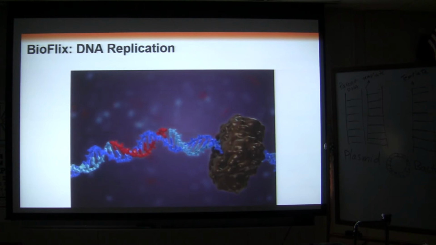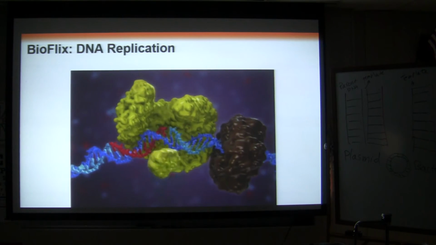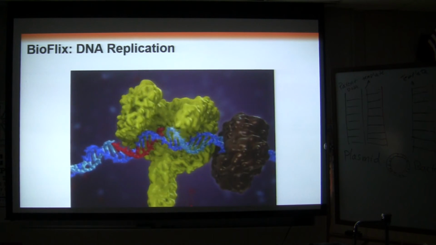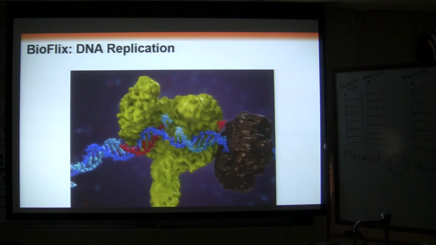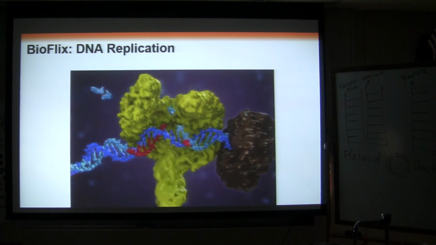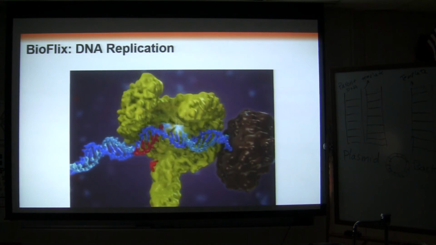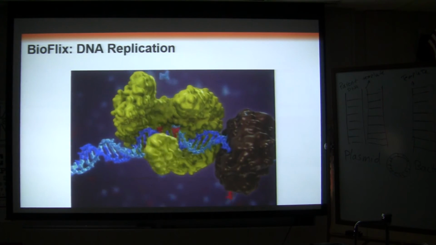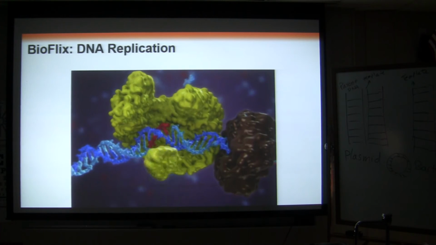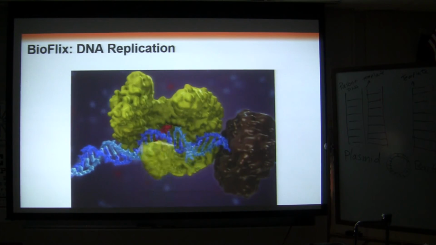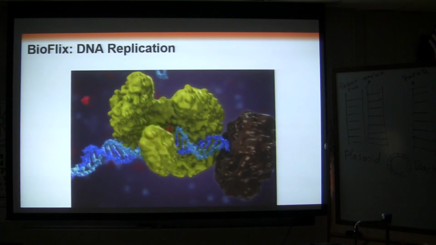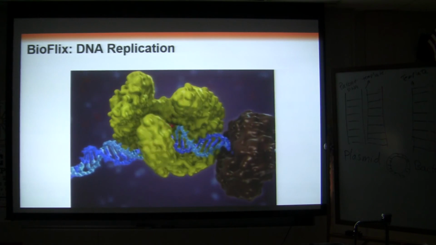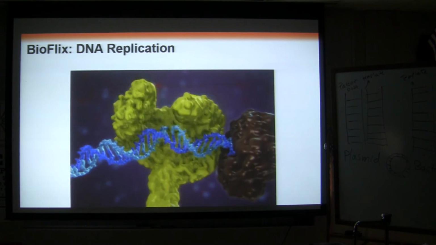How are pieces of the lagging strand joined together? A different DNA polymerase removes RNA and replaces it with DNA. However, it cannot finish connecting the pieces.